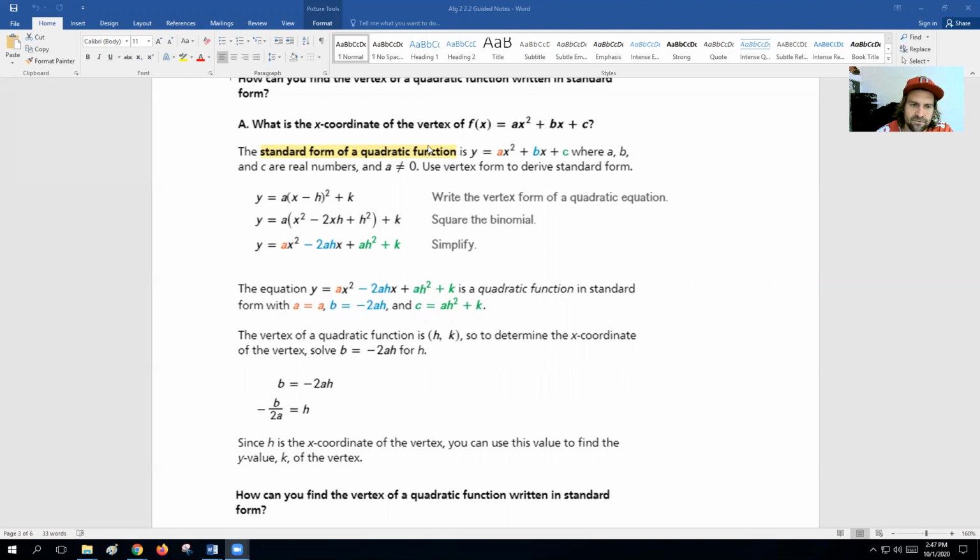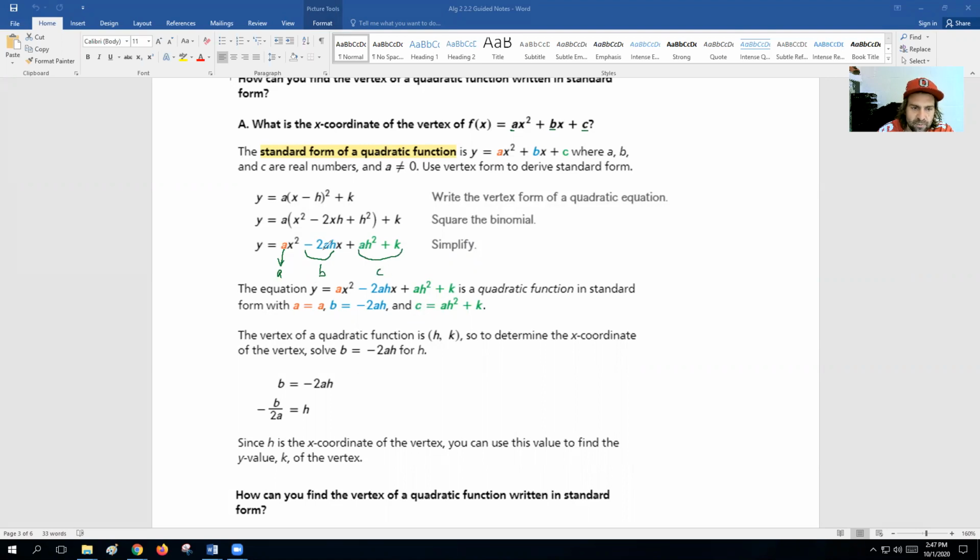The biggest takeaway is to remember that our equation in standard form has the letters a, b, and c. If we write this as an expanded vertex form, this part is still a. This negative 2ah is our b, and this whole big long expression is our c.